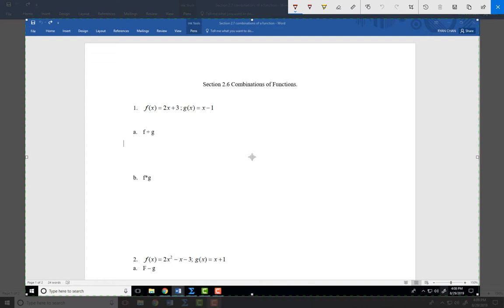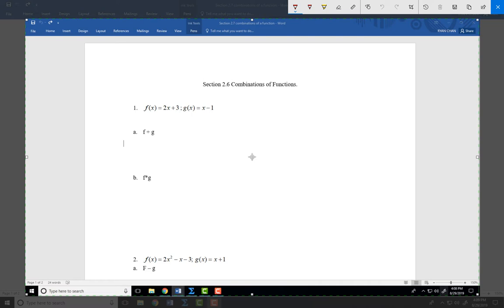So here we have two functions. I have f of x, which is 2x plus 3, and g of x, which is x minus 1. I'm being asked to add the two functions, and to multiply the two functions. This isn't very difficult, okay? All you need to do is just do the following operations. So I have f plus g, right?